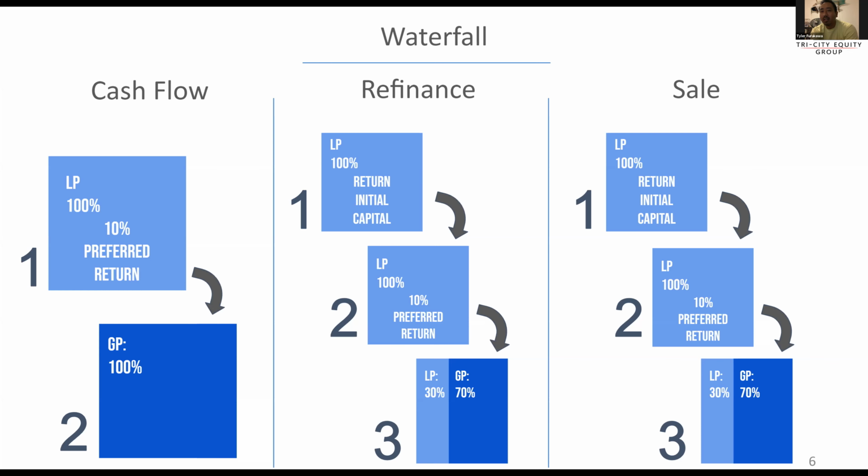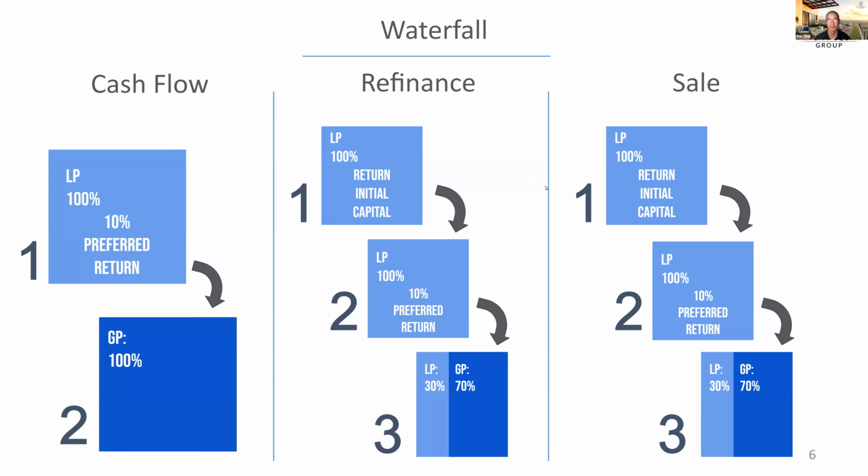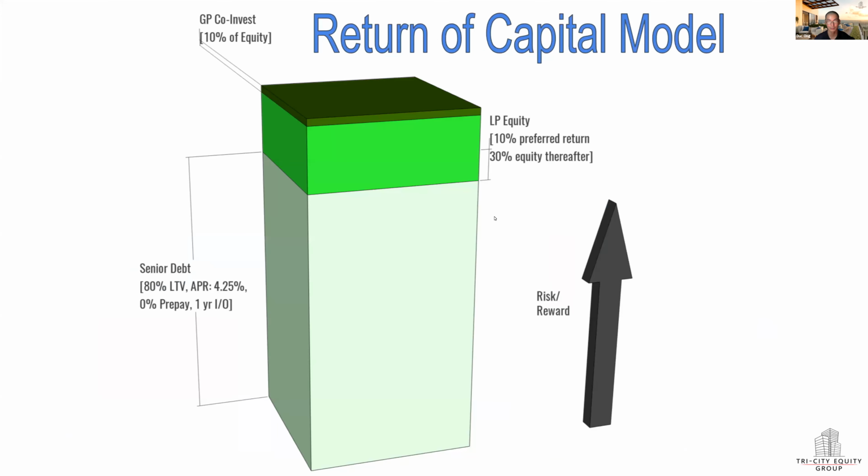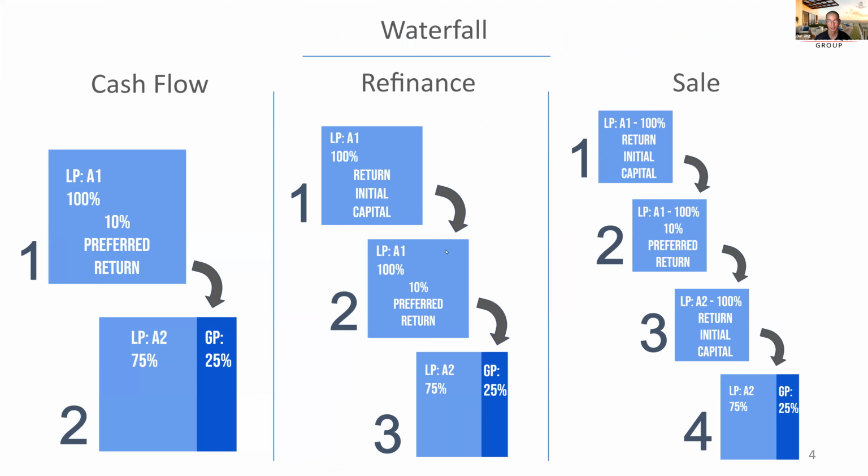Is that not the case? Oh no, it's not mutually exclusive. You're completely right. It's in here. So go back to that. In this dual class structure, it's priorities: A1 return capital, and then A1 10% preferred return, and so the priority is always to return the capital.